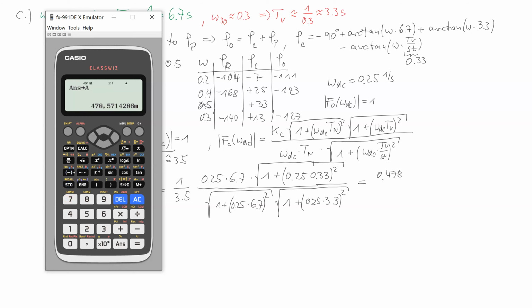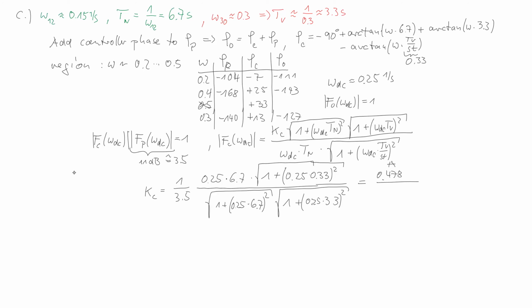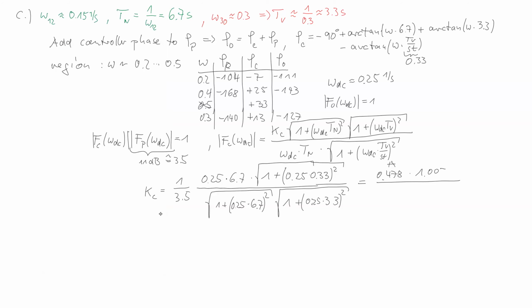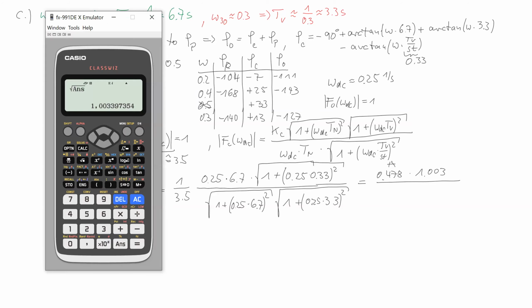Store A. Then A times the square root of 1 plus 0.25 times 0.33 squared, and this is times 0.3, store B. Then divided by 0.25 times 6.7.